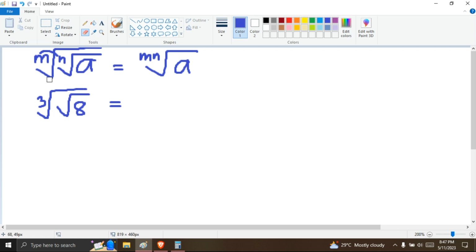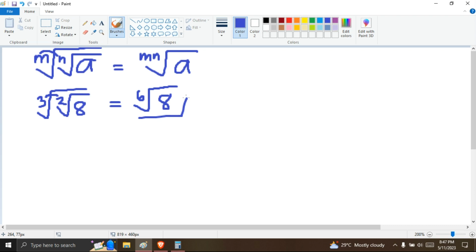The cube root of the square root of 8. We know that the square root has an index of 2. So all you have to do is multiply the indexes, the 3 and 2. So 3 times 2 is 6, right? So it becomes the 6th root of 8.